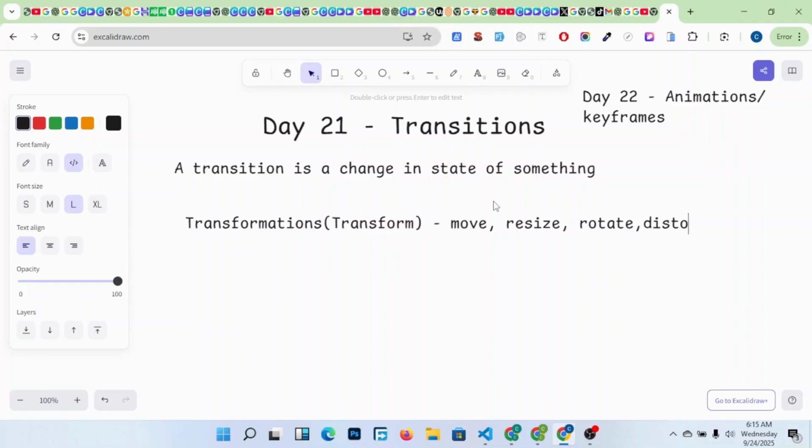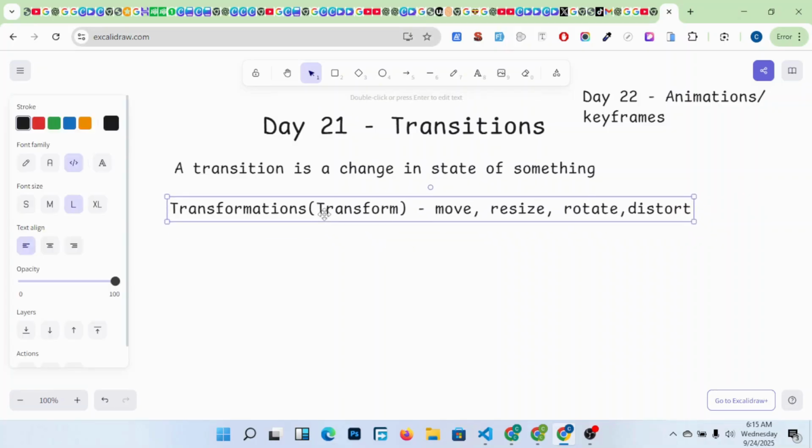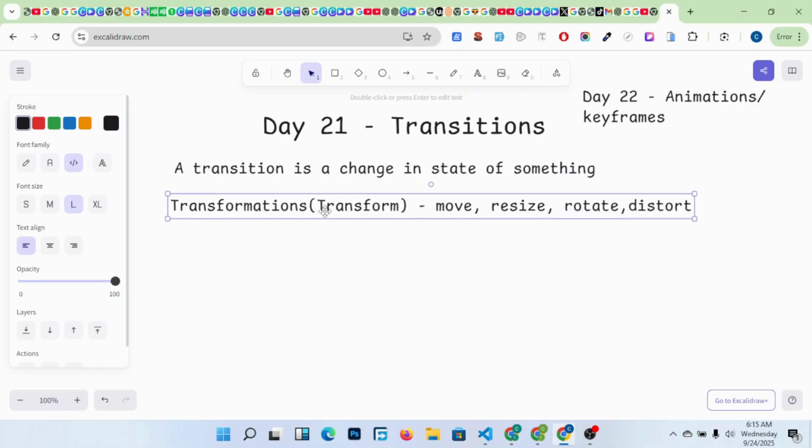This is what basically transform means. So by starting to do this, you're making a transformation. There are various types of transformations, and I will start with the first one.